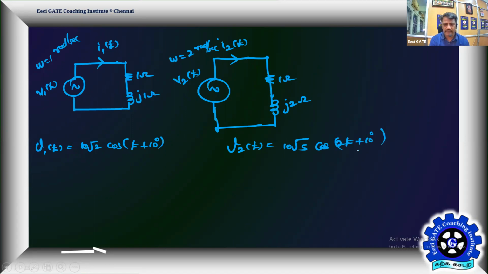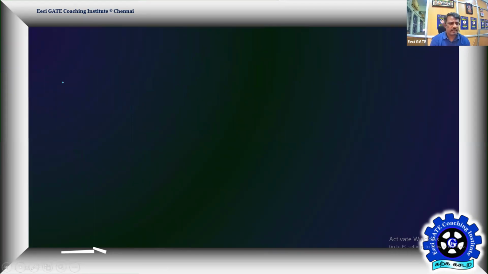Now, let me talk about the sinusoidal steady state response first. When you have the sinusoidal steady state response of any system excited by a sinusoidal signal, let me take it as a sin omega t, exciting a system that has a transfer function T of s.